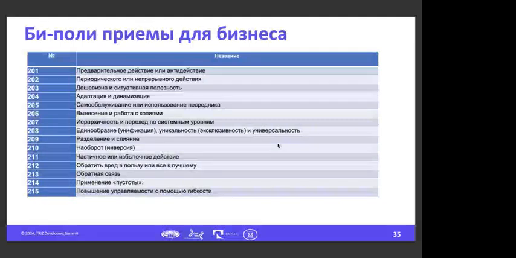So that's why we, as a group of experts, were brave to form this list of bipolar principles for a wide range of users. Because when people deal with business circles, they're not technicians. For them, it would be easier to understand words like uniformity, unification, previous action, or change of painting of colors, and so on.